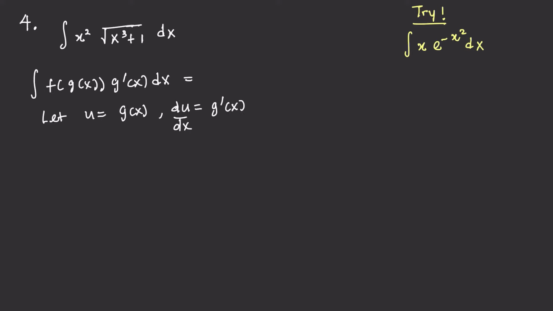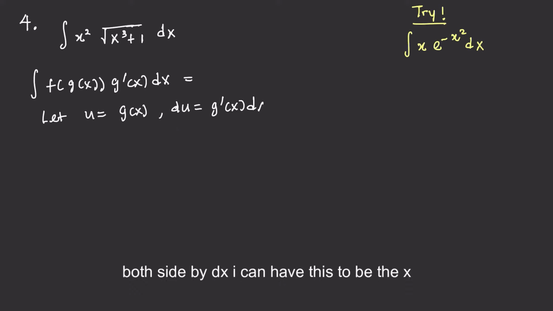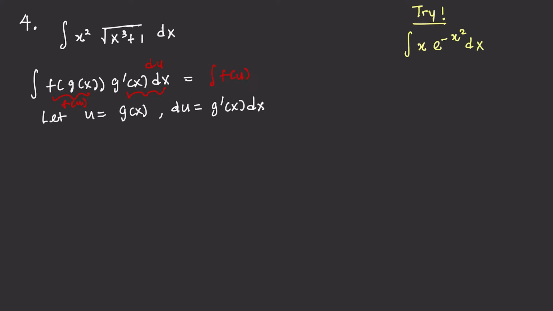So I just took the derivative of both sides with respect to x. So if I multiply both sides by dx, I can have this to be dx. So you can see that this is du and this is f of u. So this is the integral of f of u du.